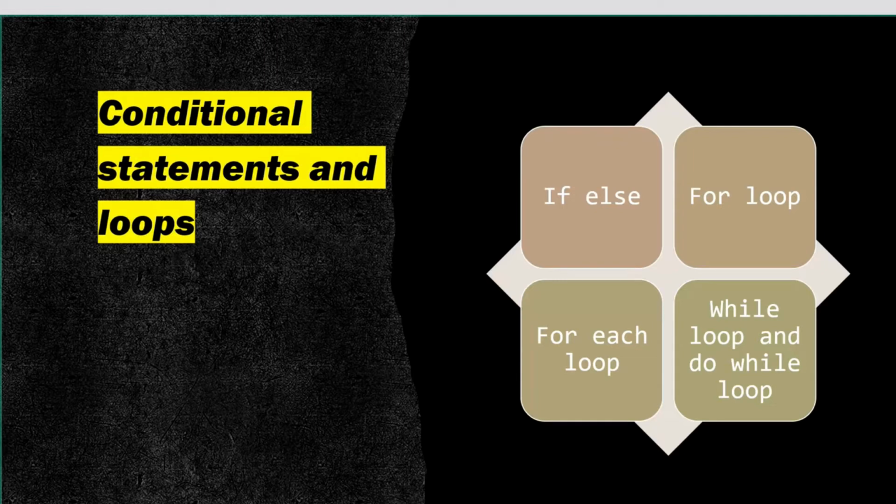Once that is done, we'll move ahead with the while loop and do while. Why are the while loop and do while loop used in Java? If you have a known count, like you have to print something 1000 times, you can go with the for loop. But when things are not known to you, that condition can occur. Let's take the example of a file. Inside a file there can be a number of lines.